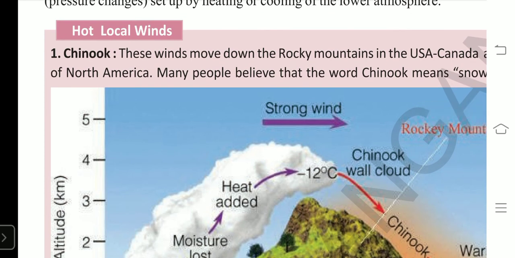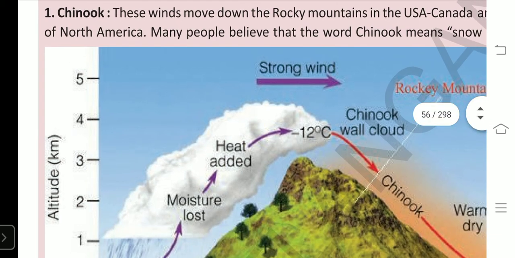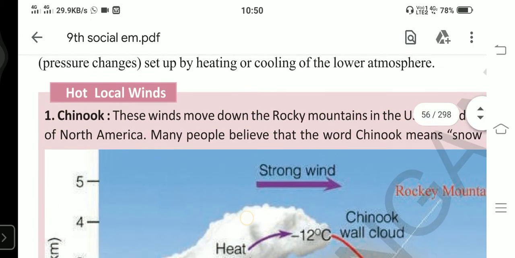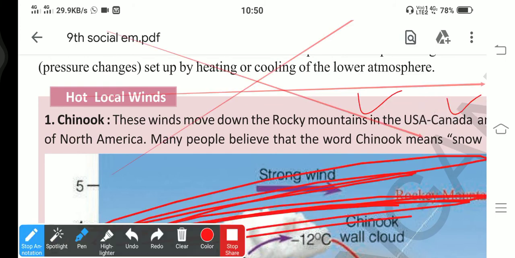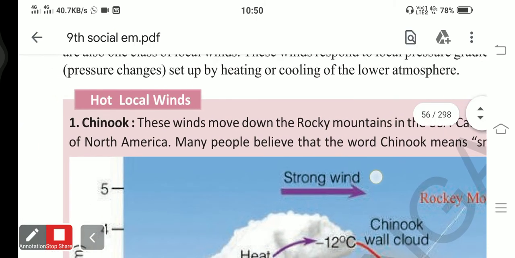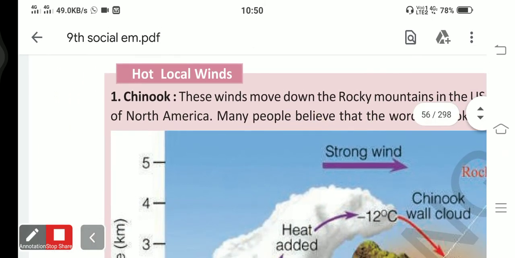So we see different local winds here. There are two types of local winds, my dear students: hot local winds and cold local winds. Hot local winds will raise the temperature. Cold local winds will reduce the temperature.